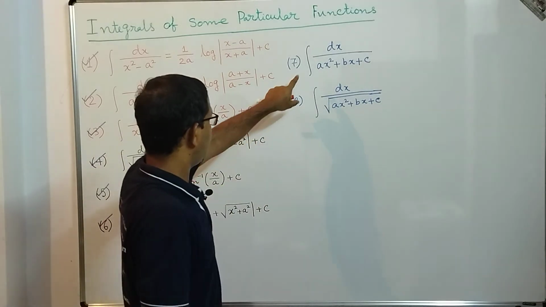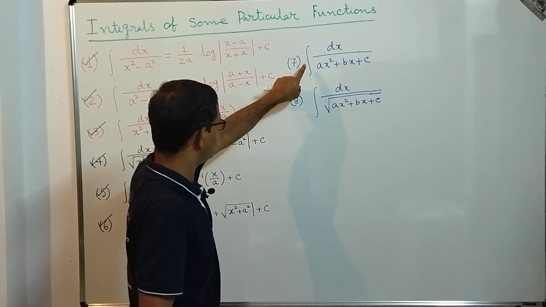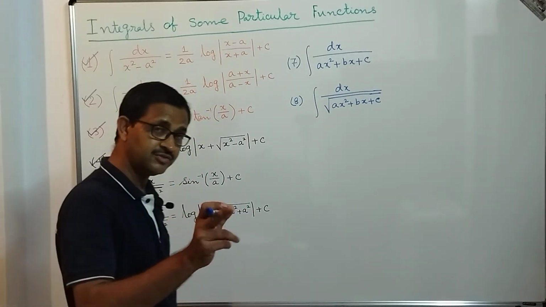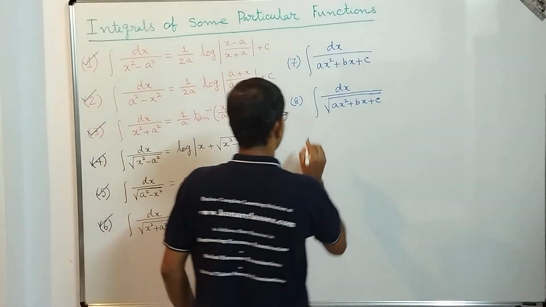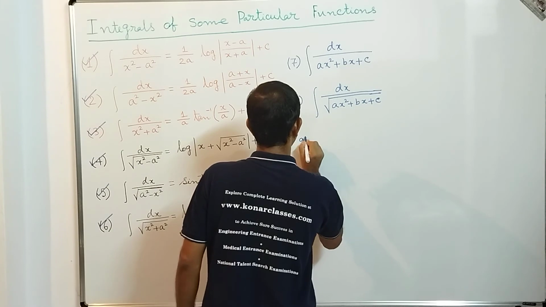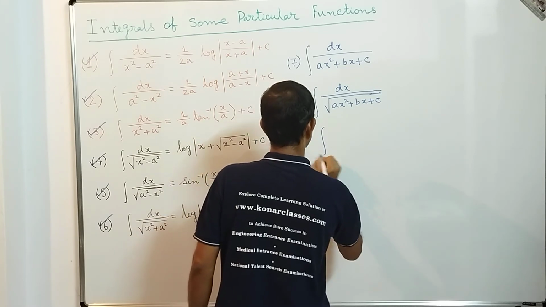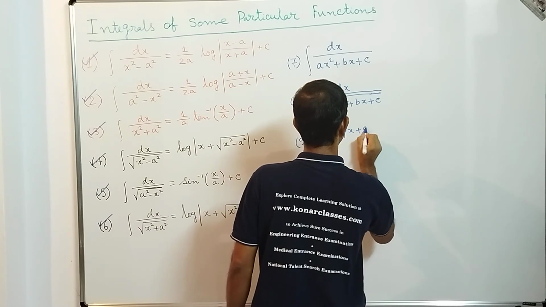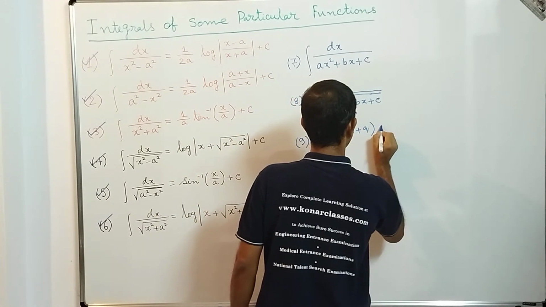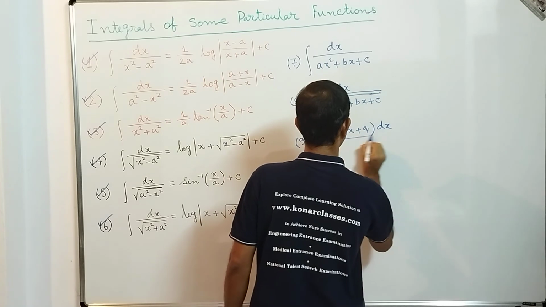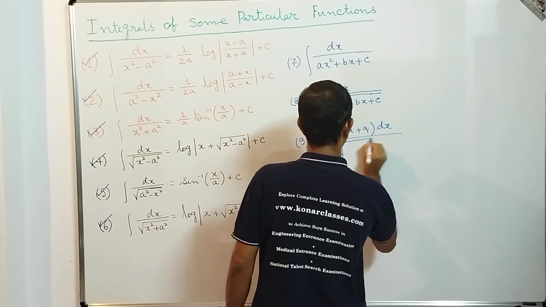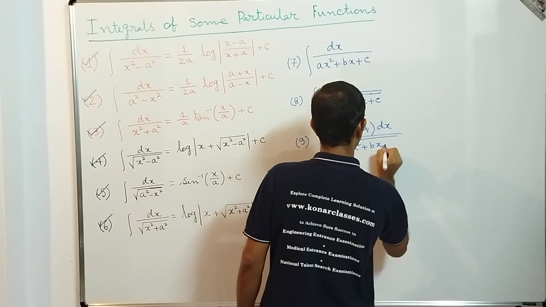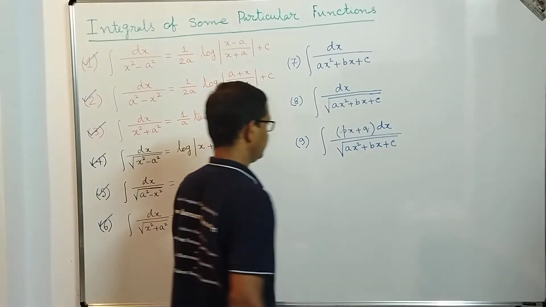When we solve the integration of this one, we will take help of this formula, and how, I will show you in the next session. But I am just informing you, the ninth one should be equal to the integration of px plus q dx divided by square root of ax square plus bx plus c.